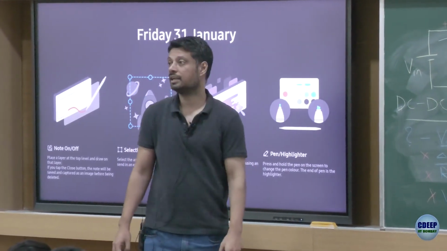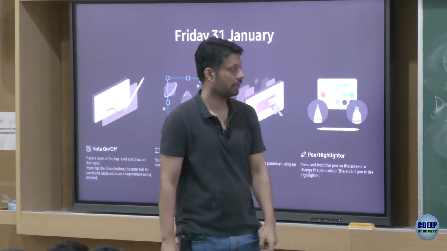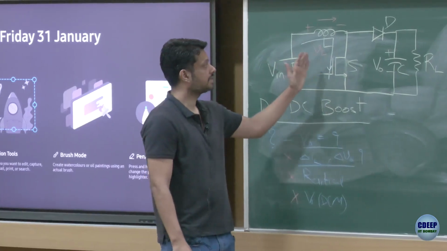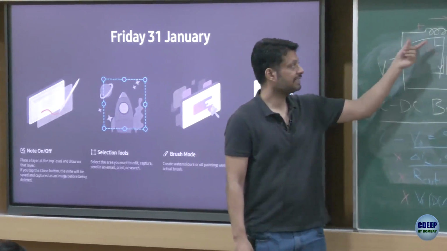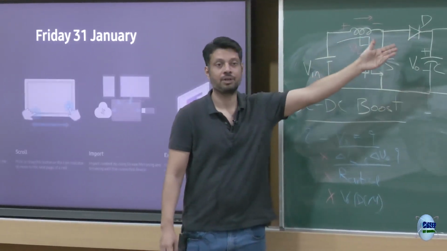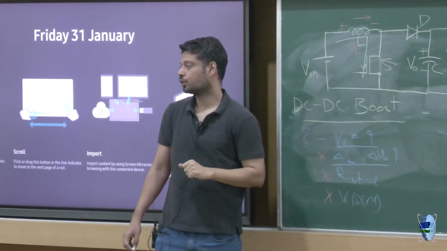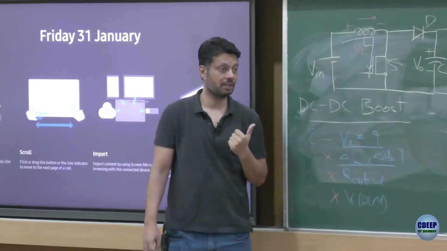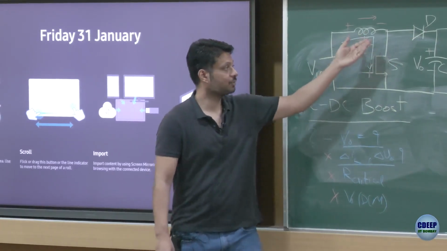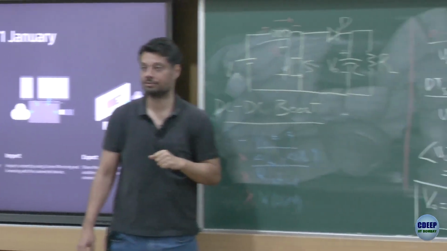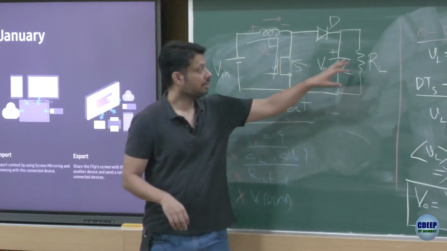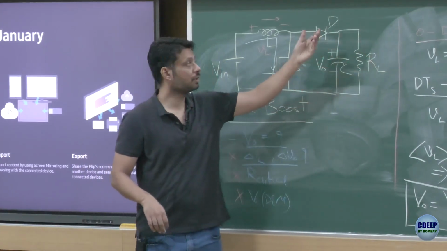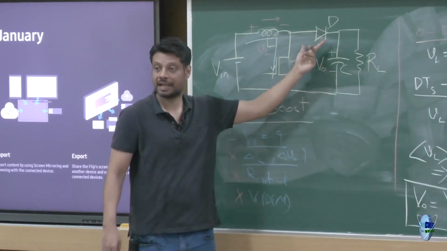Is this okay? Any doubt so far? Alright. In this case, the other thing which you should notice is that the average inductor current is no longer equal to the average load current, which was the case in the previous converter, right? However, average load current is equal to the average diode current.